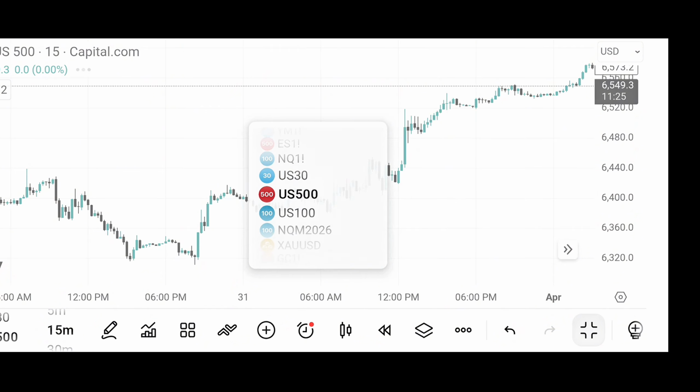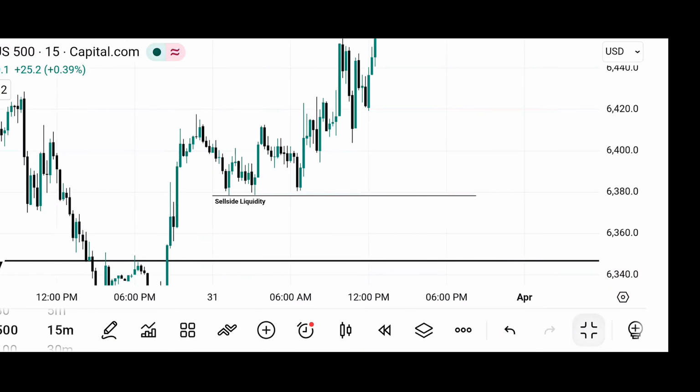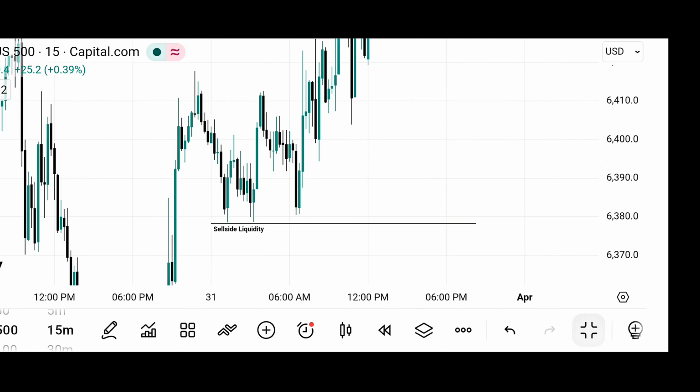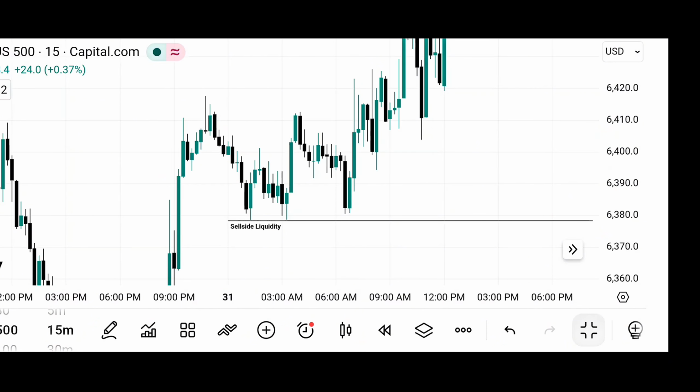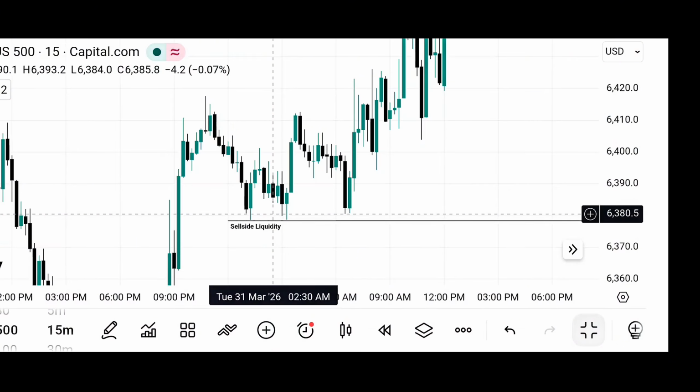the S&P 500. It was the same thing. Price was still here to take out the sell side liquidity, to take out these relative equal lows on the S&P.